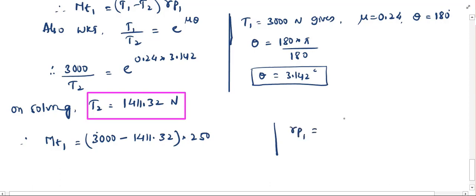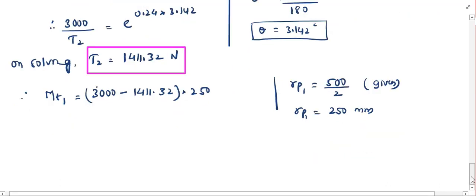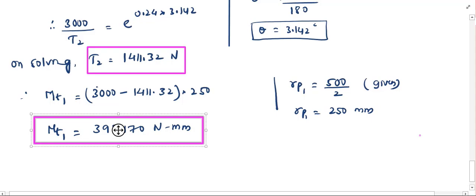Since the diameter of the first pulley is given as 500 mm, the radius of the pulley will be 500 by 2, that is 250 mm. Hence I can write MT1, the maximum torque on the first pulley, as 397170 Newton mm. When calculating, I get that maximum torque value.